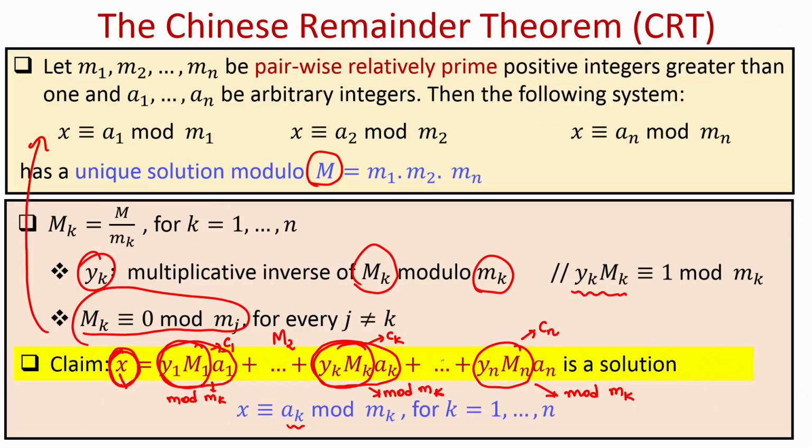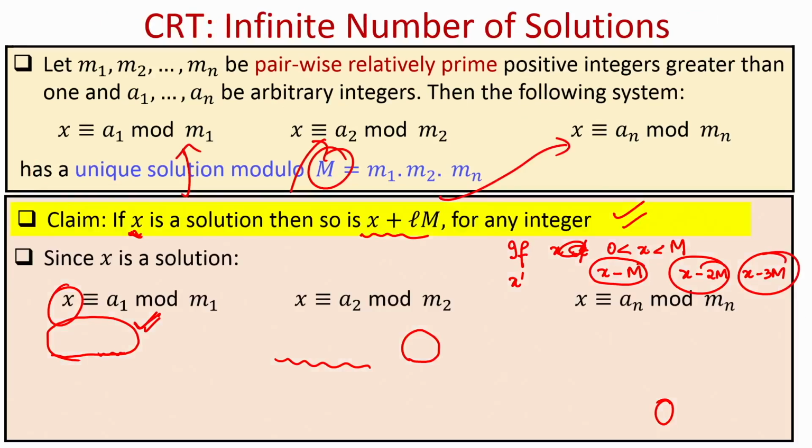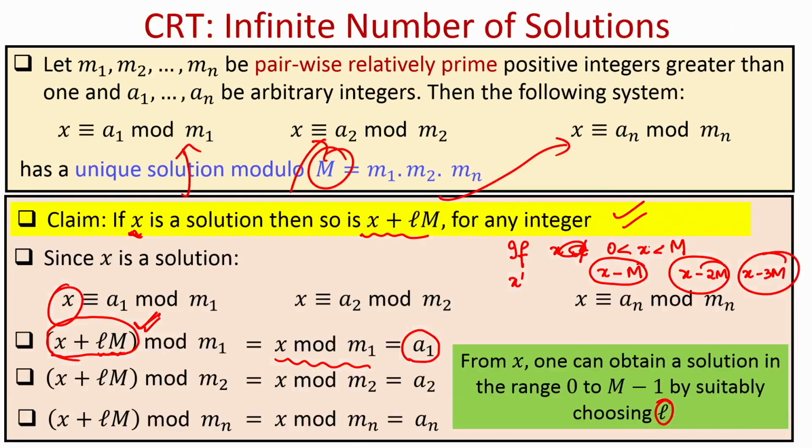If this x that you have obtained as per the Chinese remainder theorem is in the range 0 to M, then well and good. Else you select an appropriate value of a small l, which will ensure that you obtain a solution in the range 0 to M minus 1.